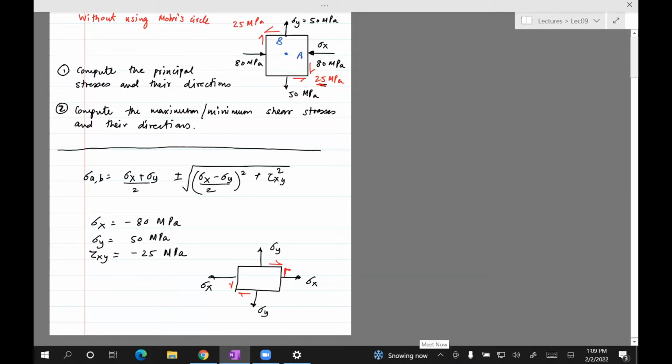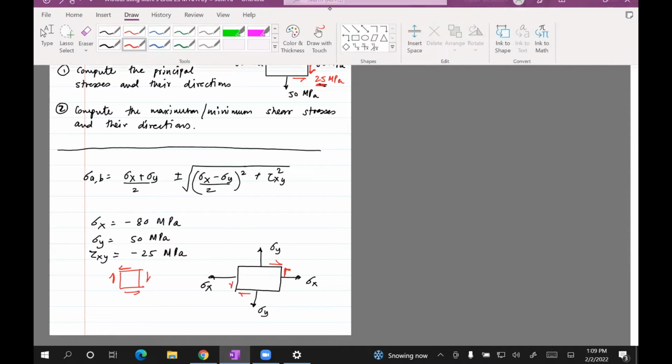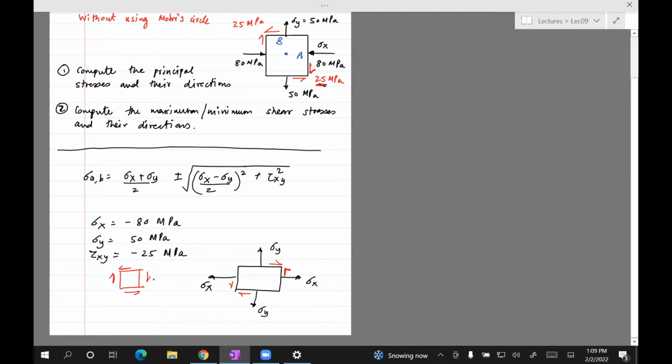And here we have the shear stress in the clockwise direction for face A, and so the stress is negative. This is the convention. So just be mindful of that. It's slightly different from what we use for Mohr's circle.